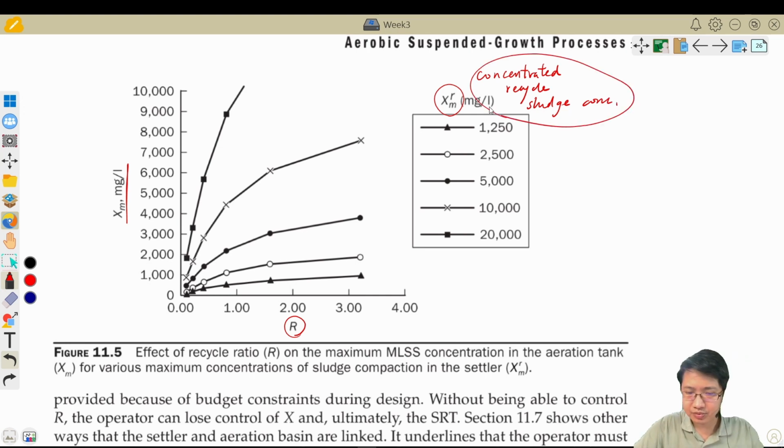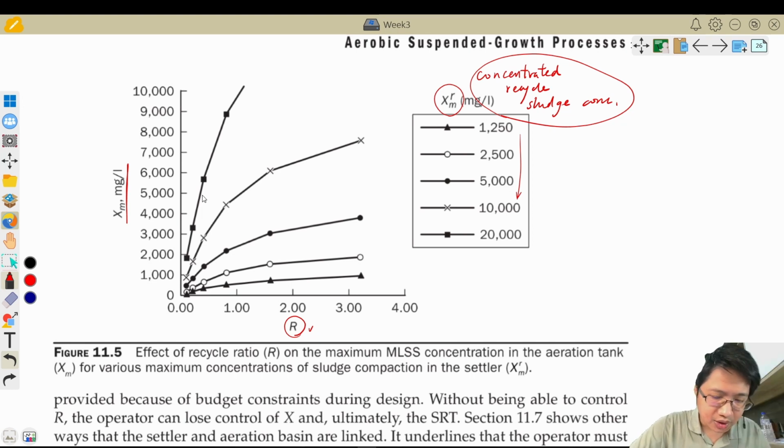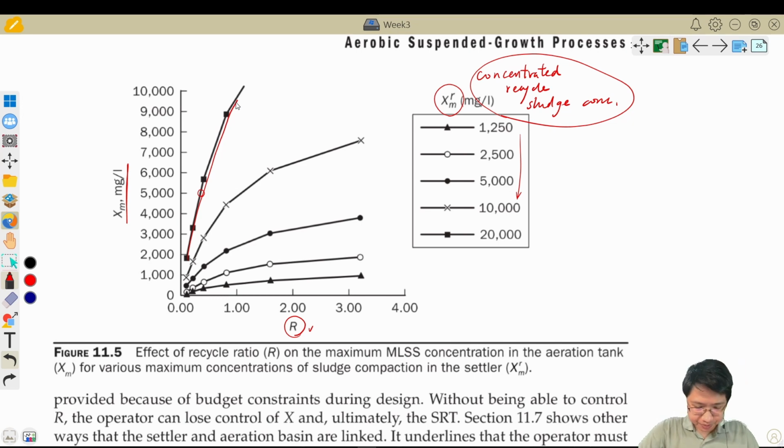By increasing the concentrated sludge concentration here, we can know that if we have a very low recycling ratio, then we can have more activated sludge in your aeration tank.